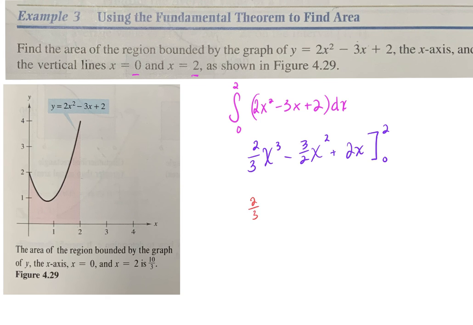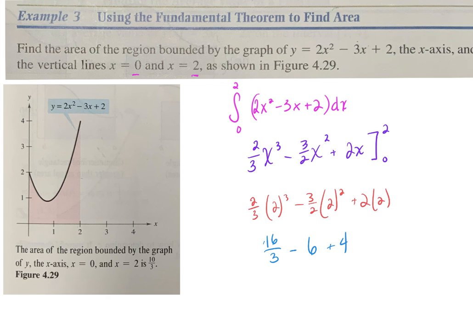So 2 over 3, 2 cubed minus 3 over 2, 2 squared plus 2 times 2. And then you're just simplifying. We have 8 times 2, so we have 16/3 minus, we have 4 times 3, so 12/2. I'm going to go ahead and make that smaller because we can just use 3 at that point. So we will say that is 6, and then plus 4.